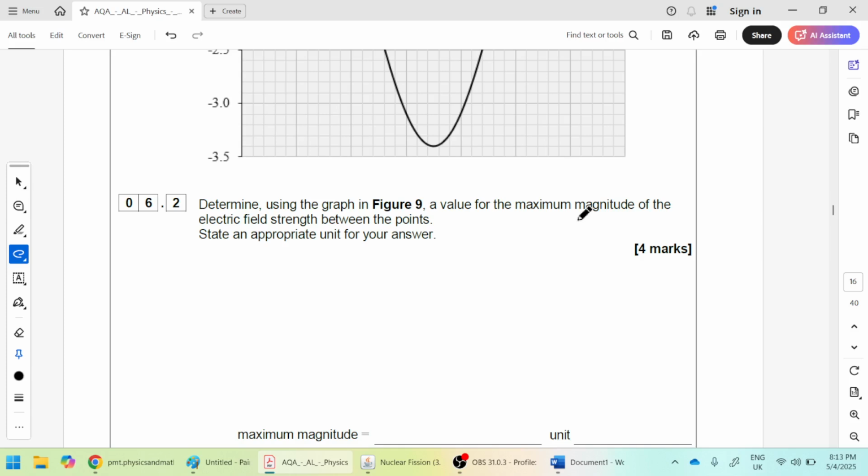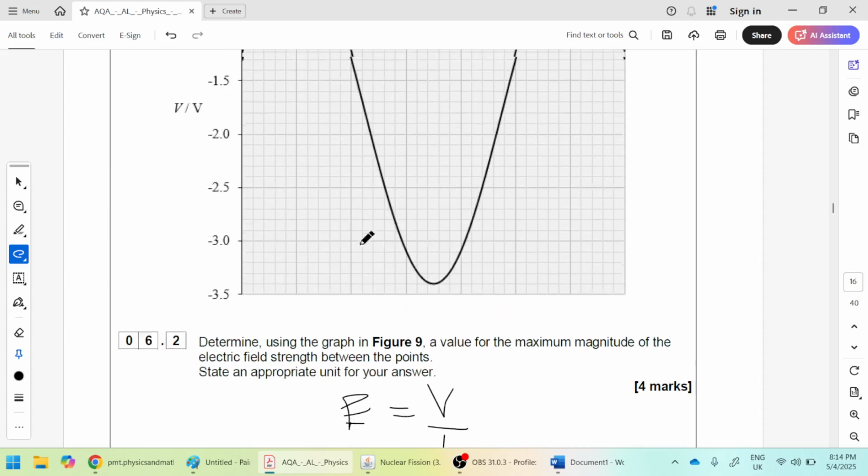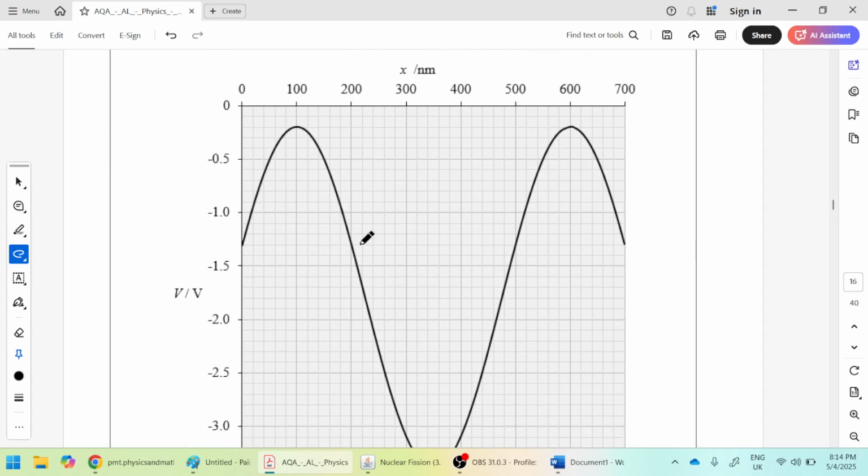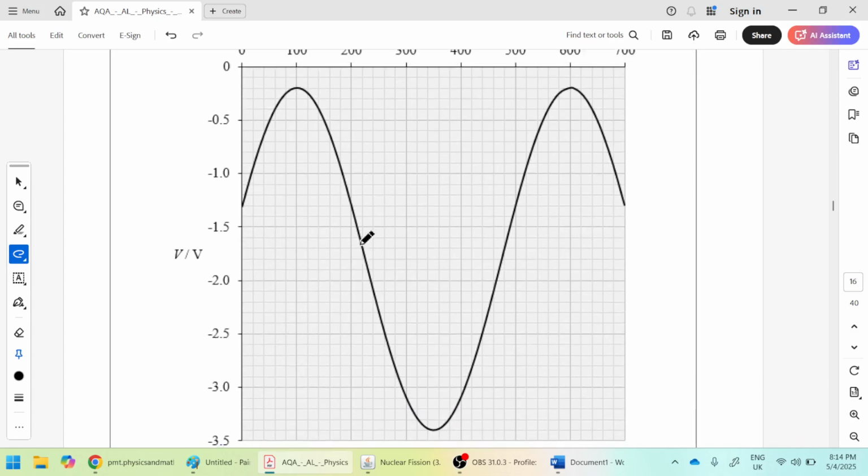So here, what you're meant to use is the fact that E is V over D. So looking at this graph, voltage is the y-axis and distance is the x-axis, which means we are looking at gradient. So what you're meant to do is to draw a tangent to the graph over here.